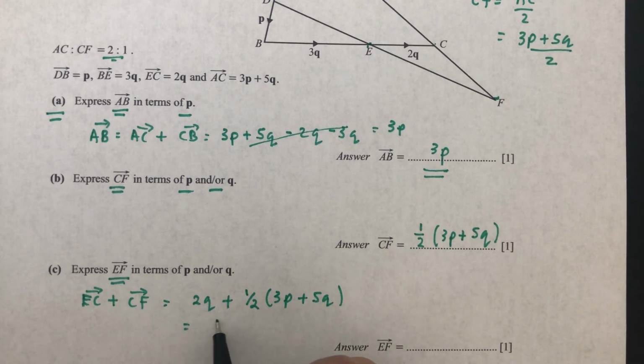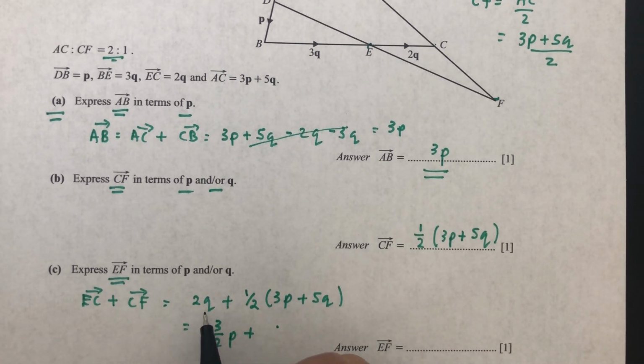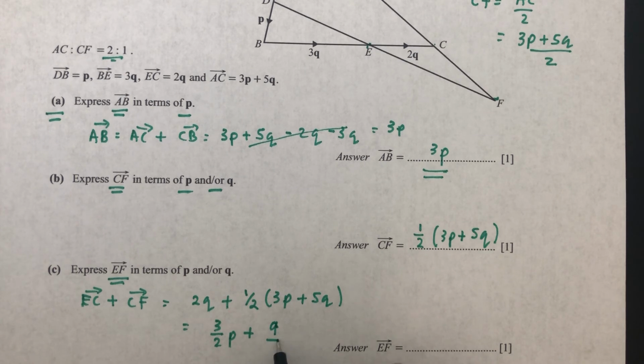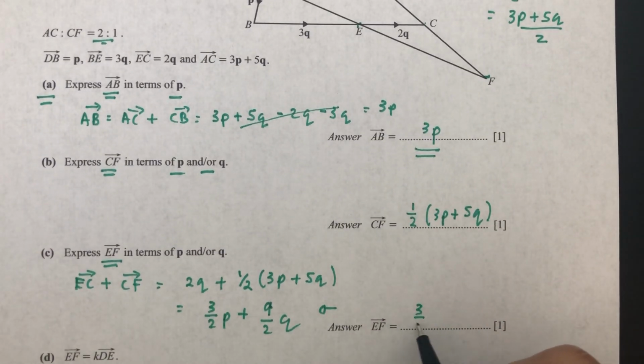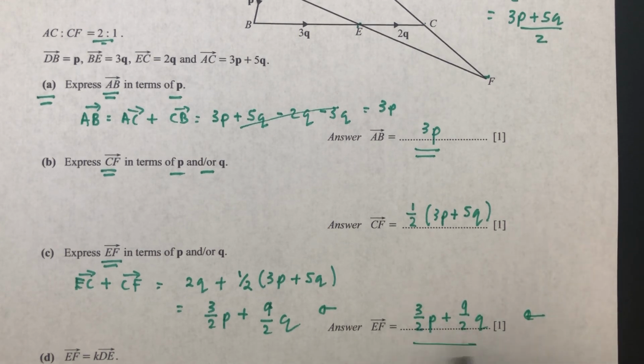Simplify, we will have 3 over 2 P plus 2Q plus 5 over 2 Q. That will be 4.5, so 9 over 2 Q. So the answer will be 3 over 2 P plus 9 over 2 Q for this section.